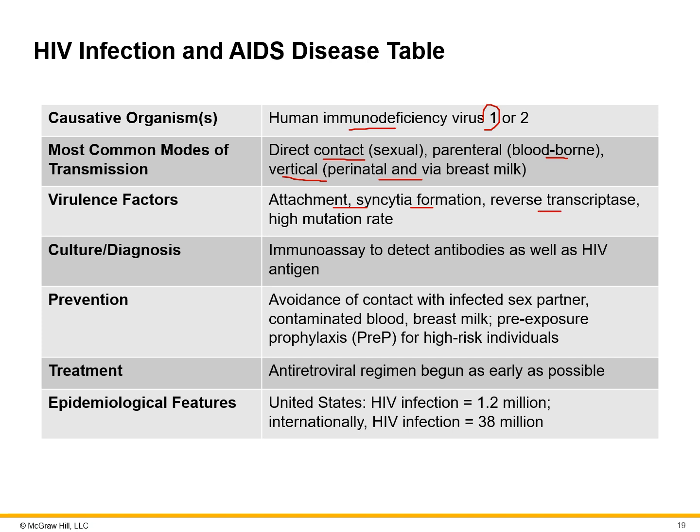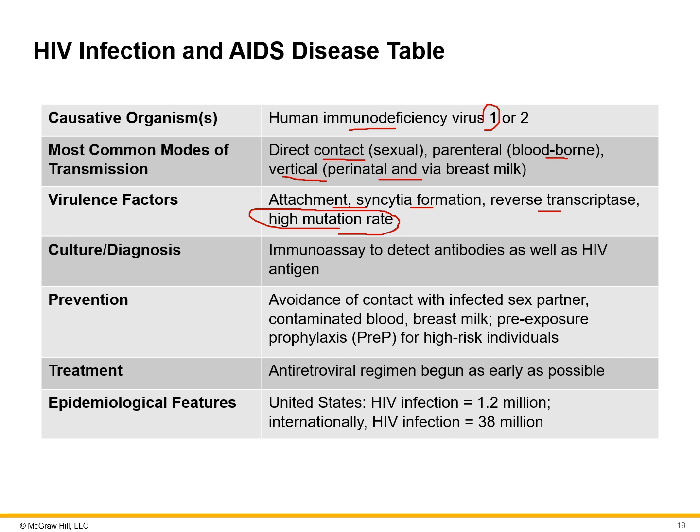Again, that enzyme reverse transcriptase. And then what makes this really challenging is its high mutation rate. Whenever we think about creating vaccines that would train our immune system to recognize it, the problem with HIV is that it mutates so quickly that a vaccine that recognizes one protein would likely become ineffective after mutation.